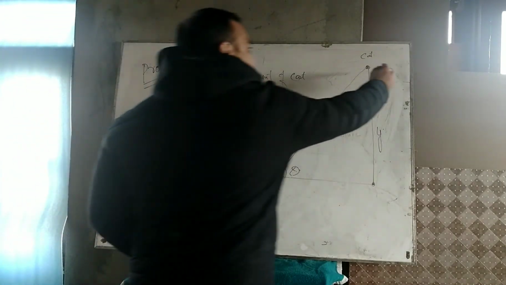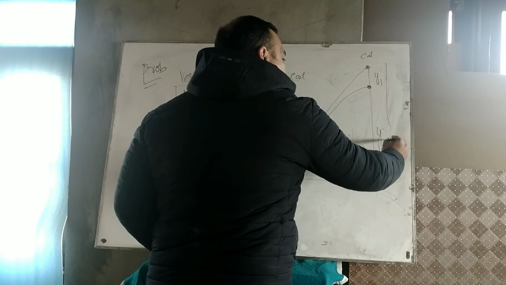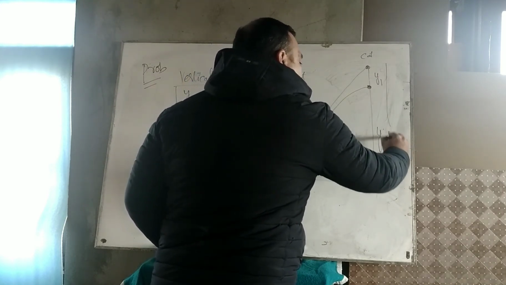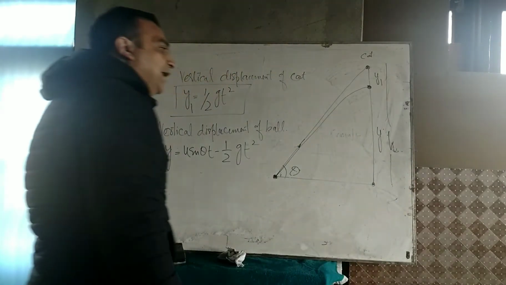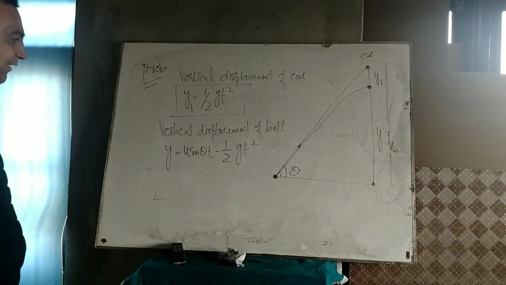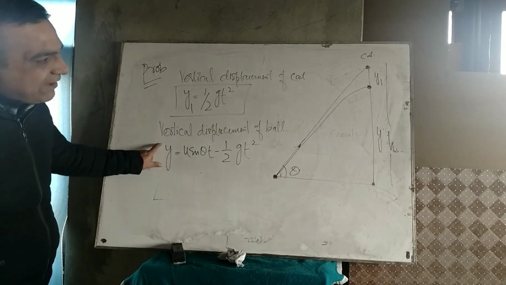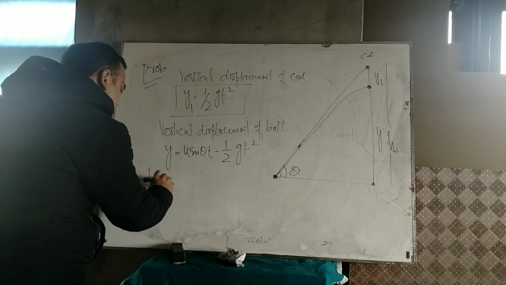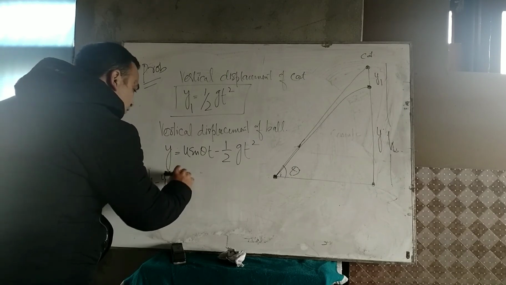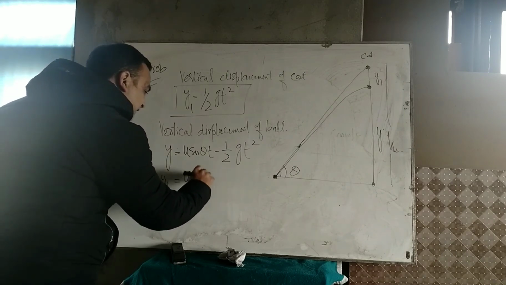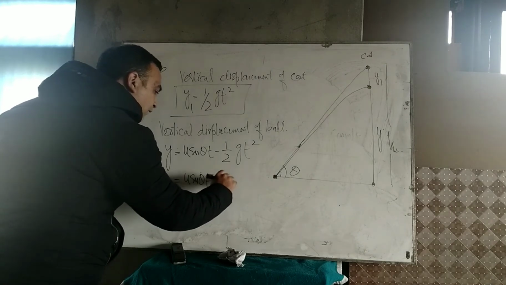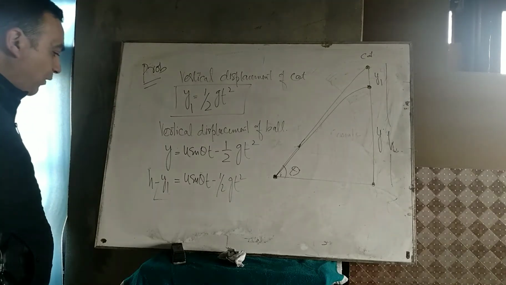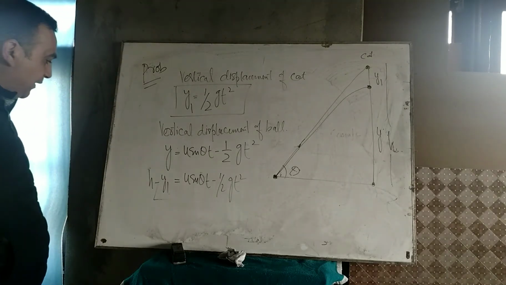If I take this whole height where the cat was, if I take this equal to h, instead of this y, can I write h minus y1? h minus y1 will be equal to u sine theta t minus 1/2 of gt square. Alright?